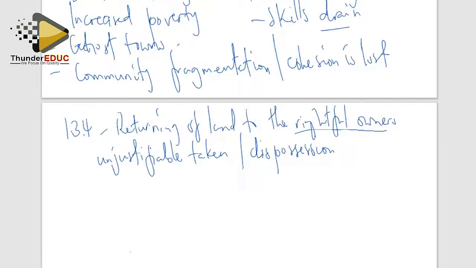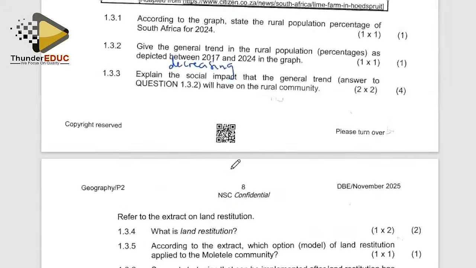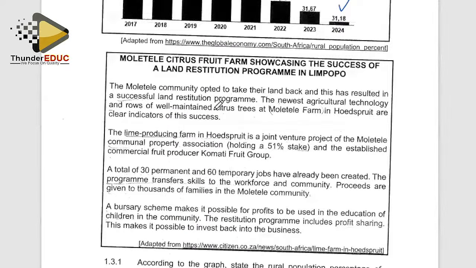We move on to the next question. The next question is saying, according to the extract, which option or model of land restitution applied to the Moletele community? Let's look. It says, Moletele community opted to take their land back, and this has resulted in a successful land restitution program.